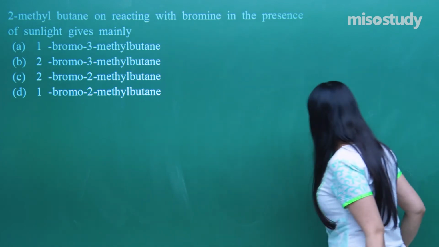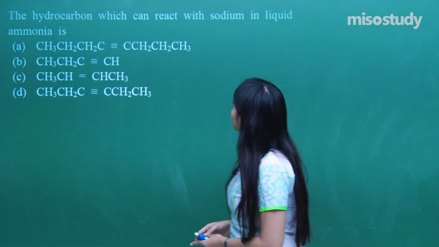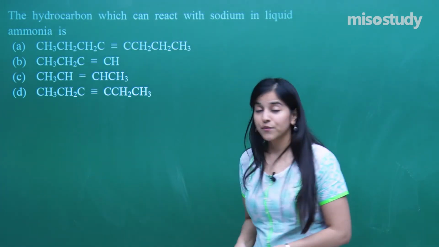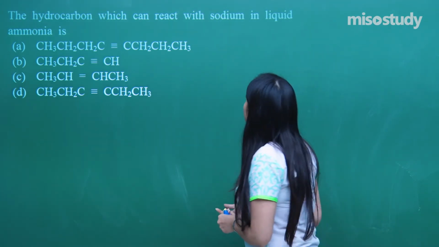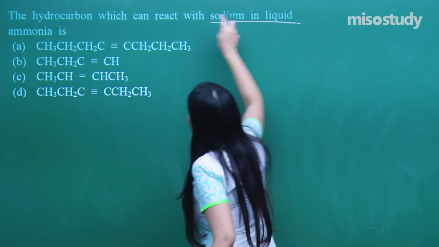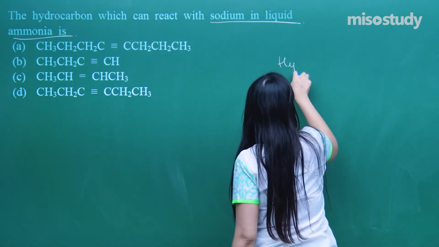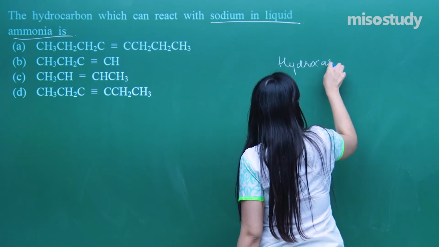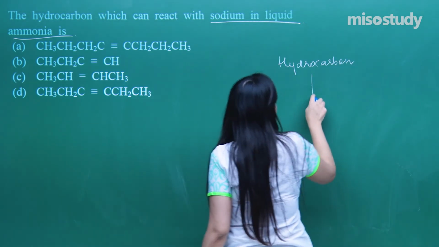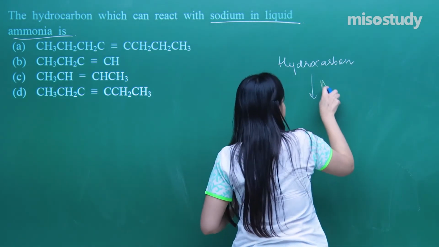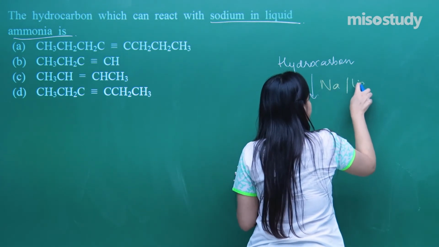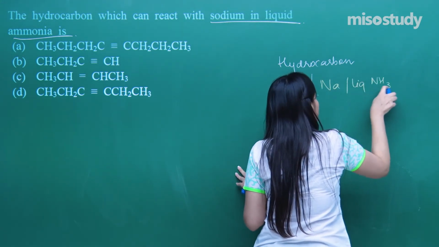In the next question, the hydrocarbon which can react with sodium in the liquid ammonia. So you have got sodium in liquid ammonia, that is the reaction that I need to perform. I have got a hydrocarbon and I need to have a reaction with Na in the liquid ammonia. This is what kind of a reaction?